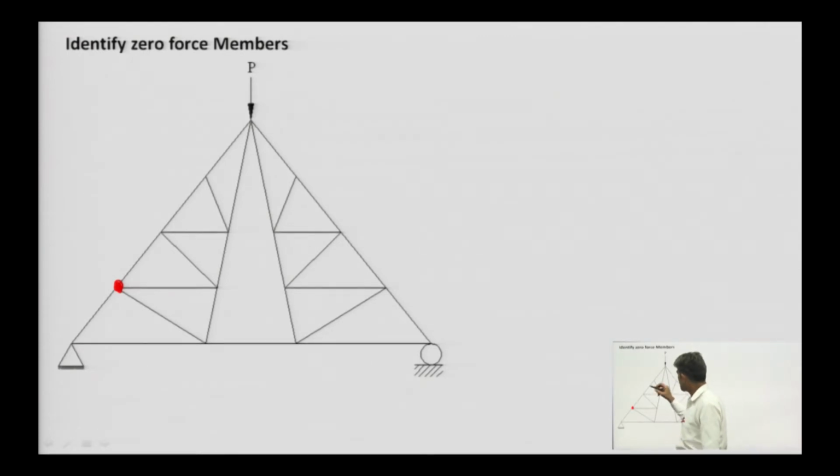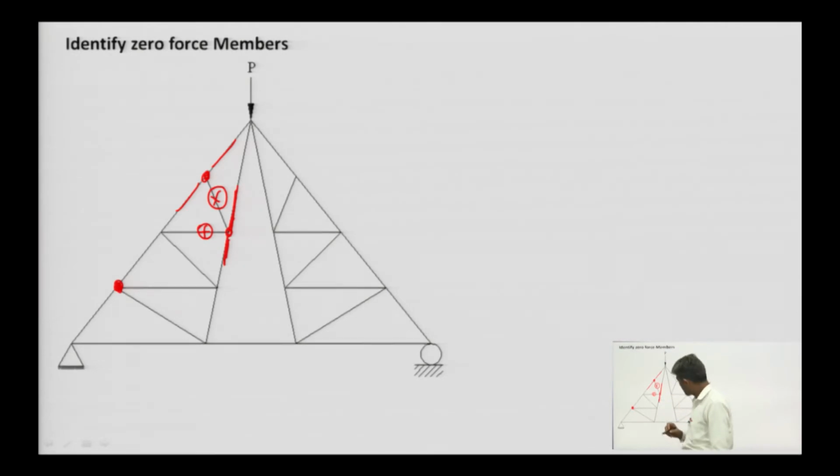First, look here. The 2 members are collinear, then that member will not have any force. If this member is not going to carry any load, then if you think of that joint, these 2 members are collinear, and that is why this member will also not have any force.